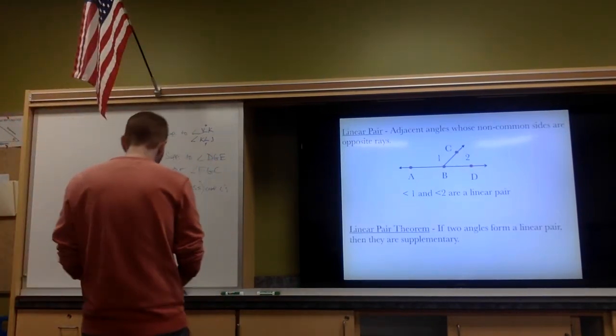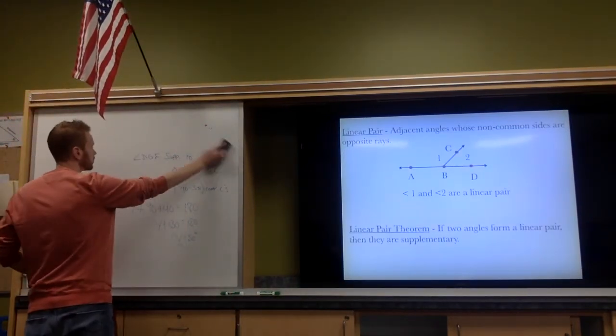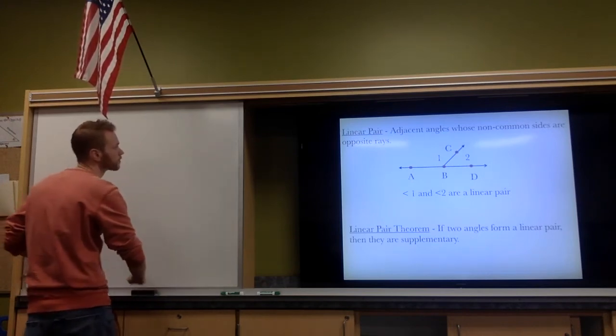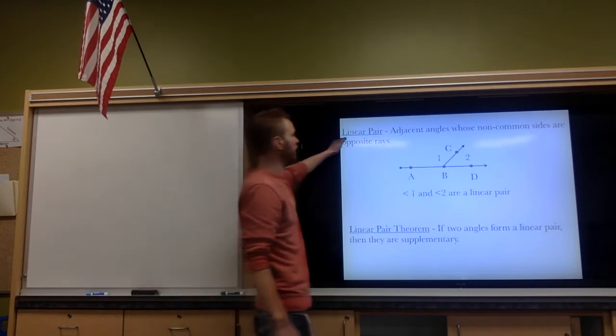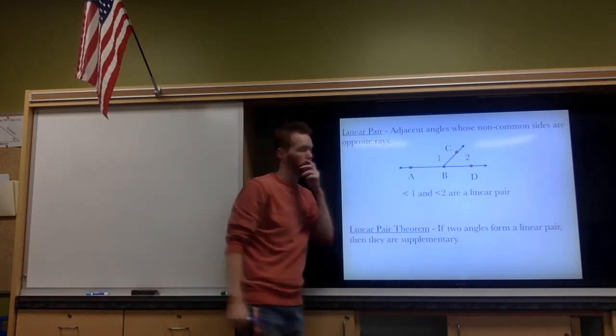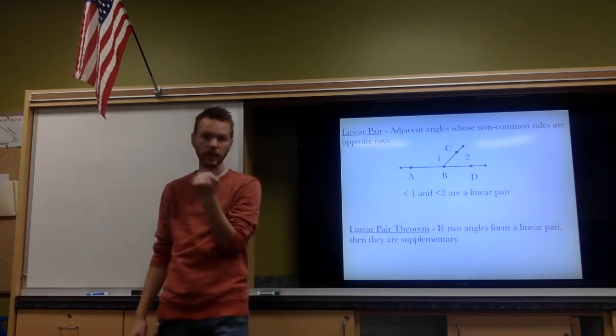Now, what can we do with adjacent angles? Well, there's one type that we have, and it's called linear. So a linear pair of angles are adjacent angles whose non-common sides are opposite rays. That's important.